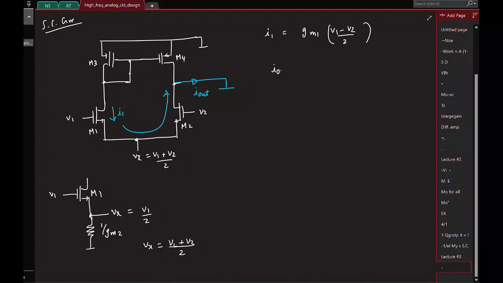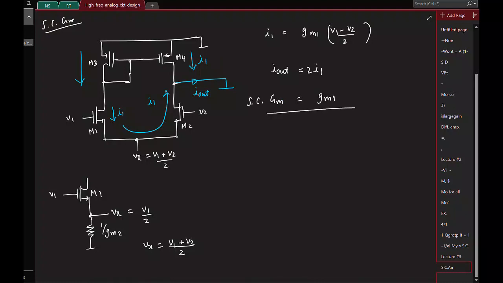So I out will have one contribution from I1, and the story doesn't end because the same current I1 flows through the transistor M3, and it's a current mirror, so this also gets mirrored here. So basically we have 2 times I1 at the output, and so the short circuit Gm was Gm1.